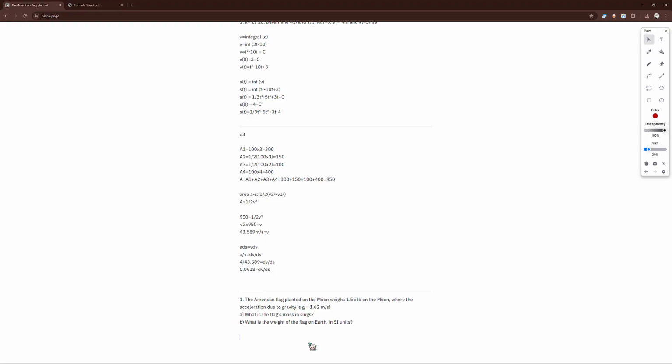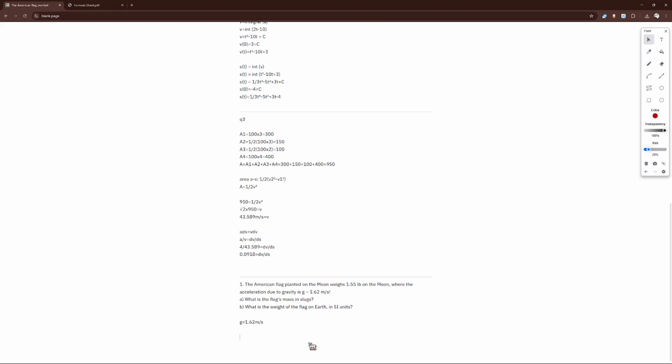Anyways, so we need to change our gravity. g equals 1.62 meters per second. We need to change this to imperial. So to do that, it's a conversion like this, 1.62 over 0.3048, right?